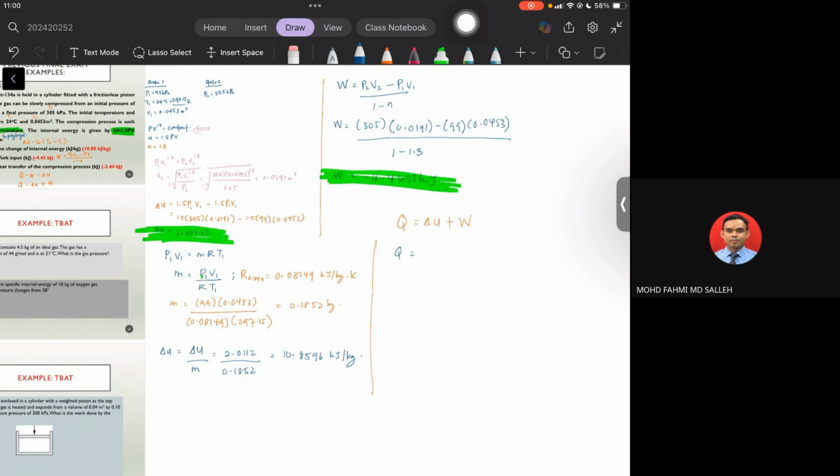So heat transfer is equal to 2.0112 kilojoule plus minus 4.4693.